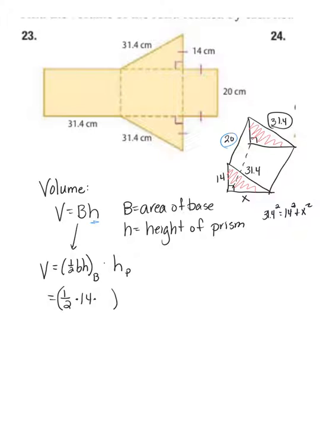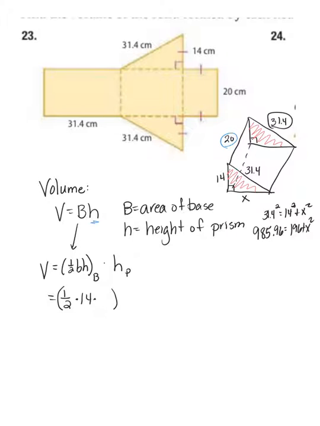Okay, so we've got 31.4 squared, which when I put it in my calculator, is going to give me 985.96 equals 14 squared, which is 196, in addition to my x squared, which will be my Pythagorean theorem.